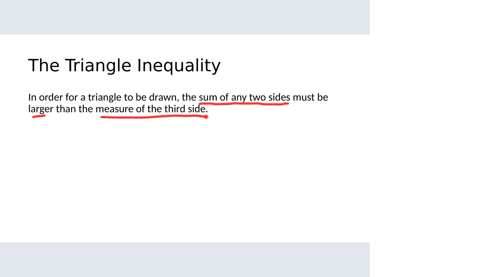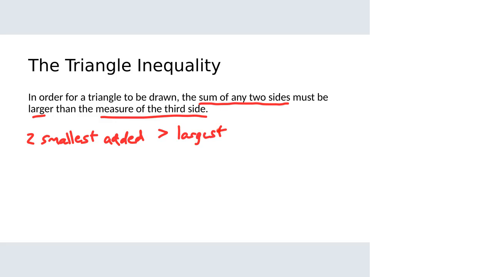Essentially, what this is saying is that if we take the two smallest sides and add them together, it has to be greater than the largest side. Obviously, if we add the two largest together, it's going to be bigger than the other one.